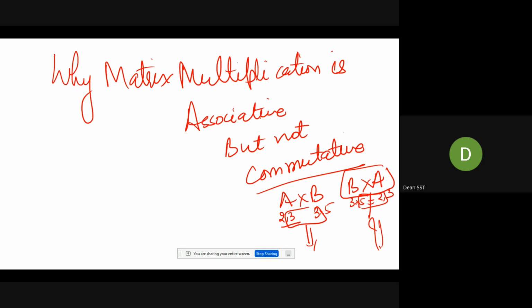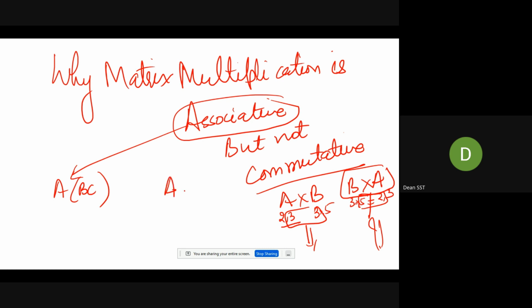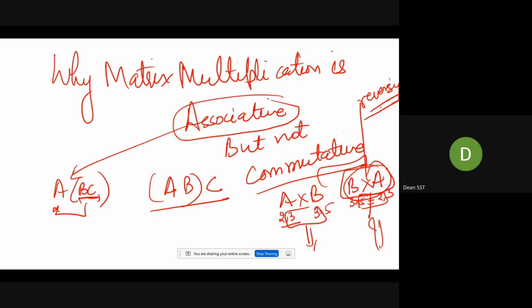But in case of associativity, the ordering is the same. You are taking B and C's product first. So this is equal. Whereas in case of commutative, we are reversing the order of the matrices. And we have seen here that they are not even applicable for multiplication.